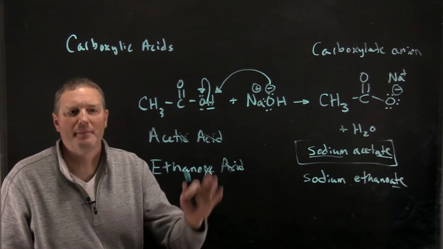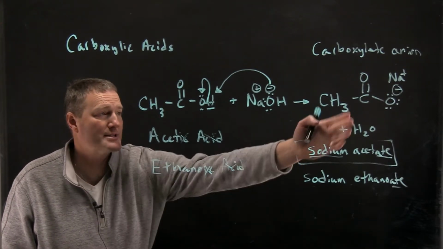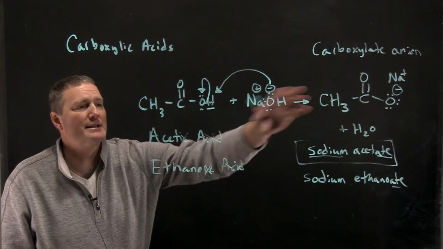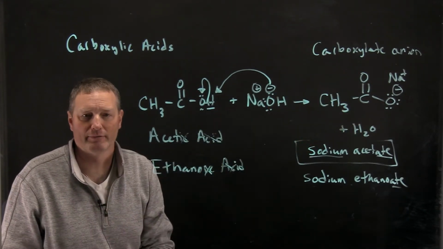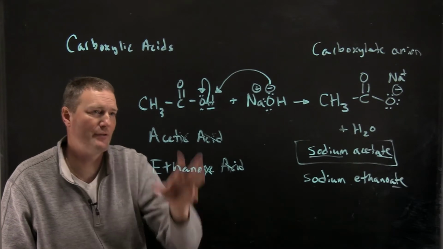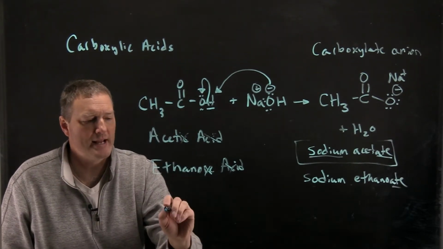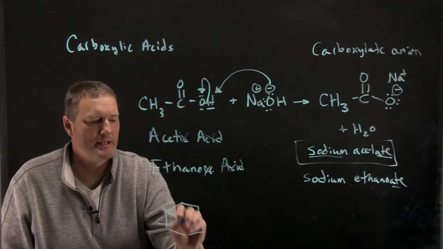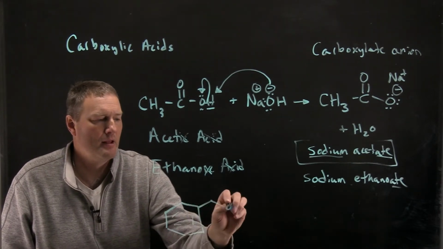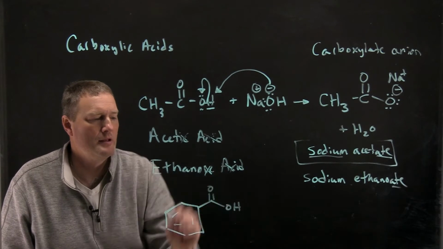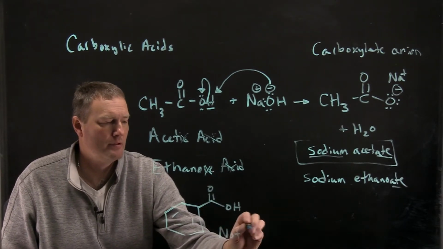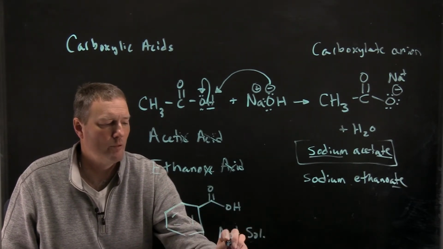One final point I want to make about the carboxylates. This is now a salt. If you try to dissolve larger molecular compounds that have carboxylic acids, if they're in the carboxylic acid form, they're not soluble. So for example, benzoic acid is not soluble in water.